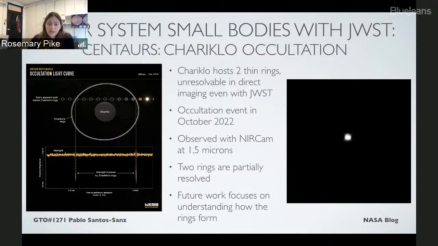So it's a question of, are the rings uniformly thick all around Chiriclo, and what is the size of the particles, and what does that tell us about the frequency of impacts in the Kuiper Belt? So there's a lot of ongoing work here in trying to better understand how the outer solar system is currently evolving, and what causes these ring systems in centaurs.